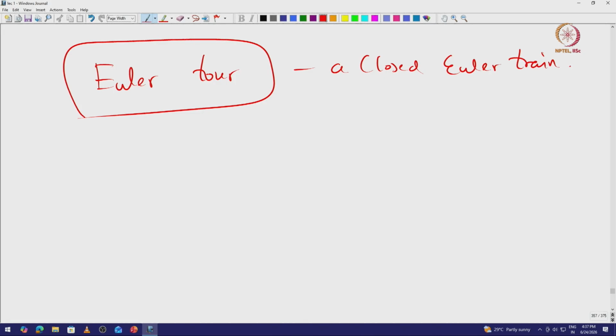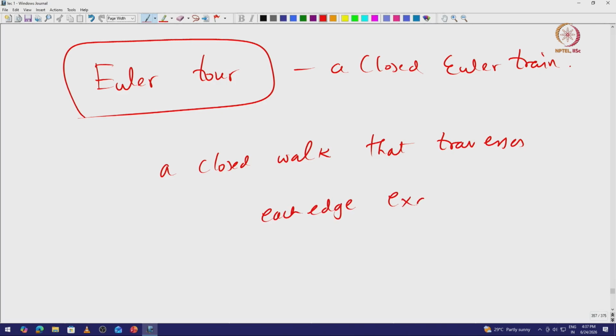So, you take a closed walk that traverses each edge exactly once.